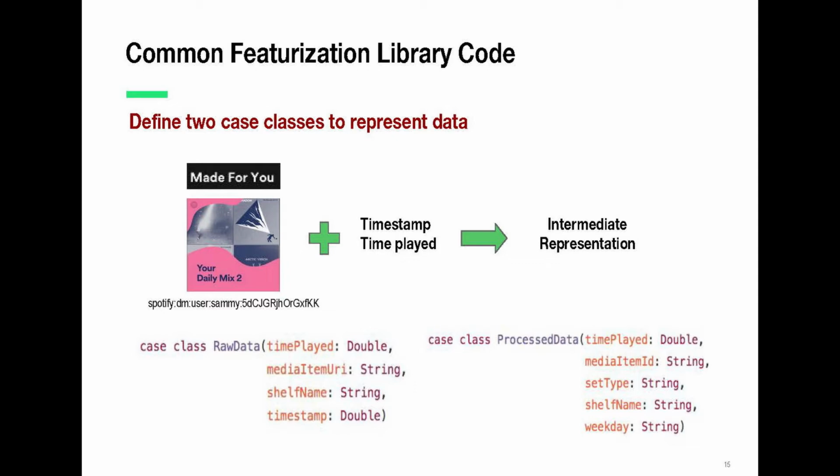Our common featurization library is written in Scala, so we're just going to make a raw data case class that holds these features. And similarly with the intermediate representation, we're going to make another case class called process data that has all the features that happen after we do the pre-processing on the data.